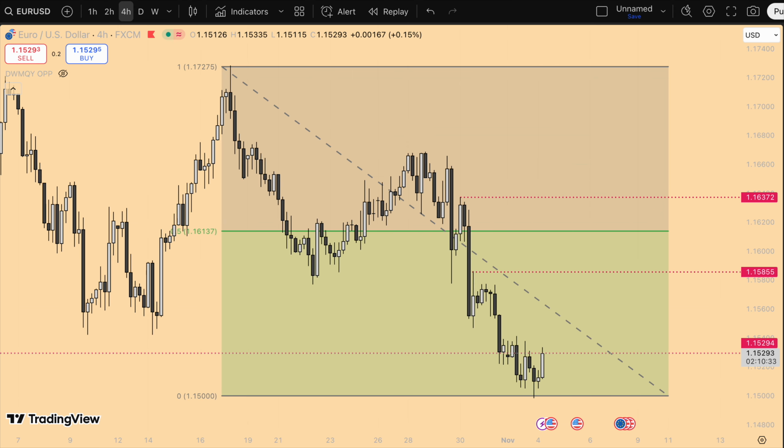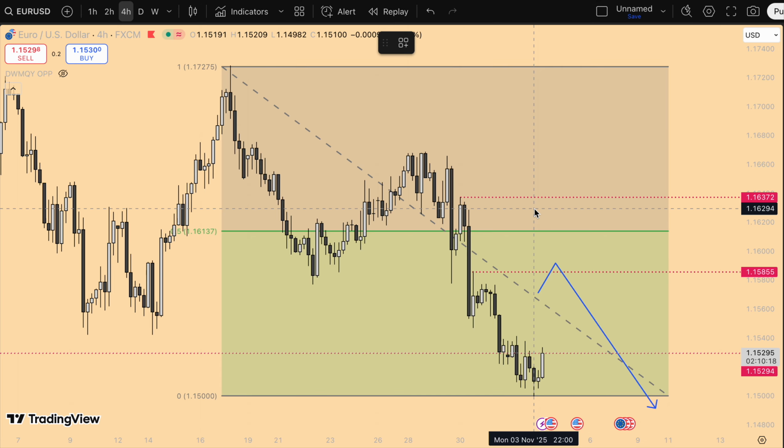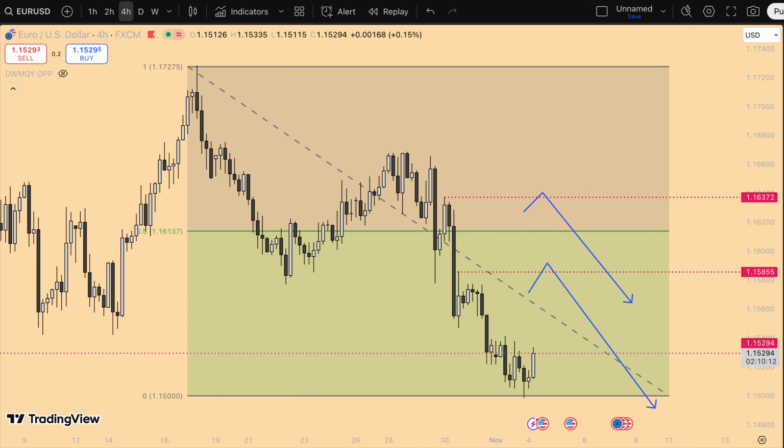So how do we know when the market is ready to sell? So we have that's one, and that's two. How do you know when the market is ready to sell, guys?